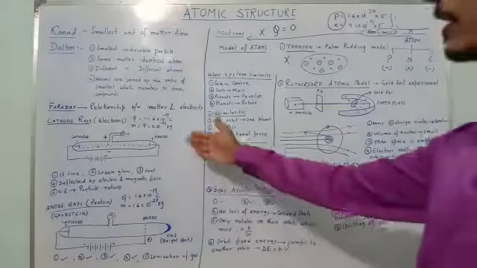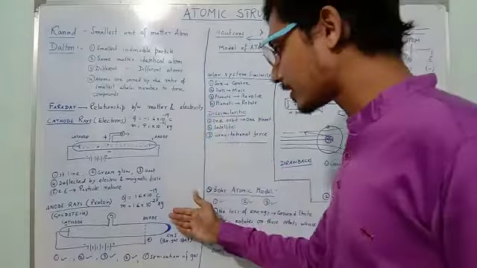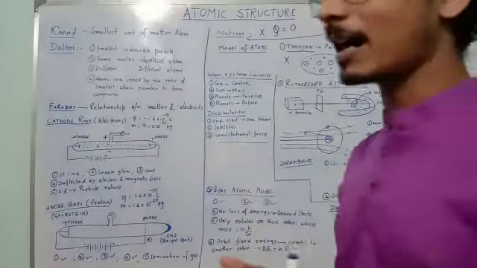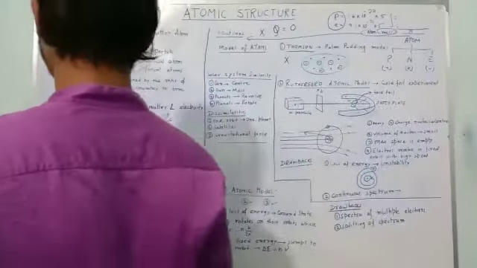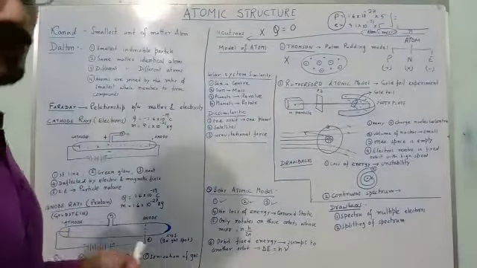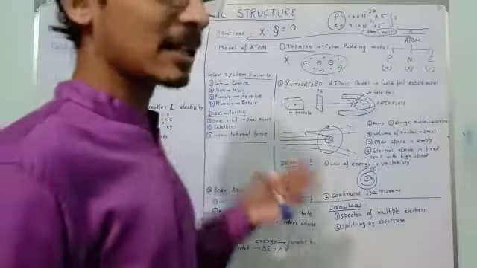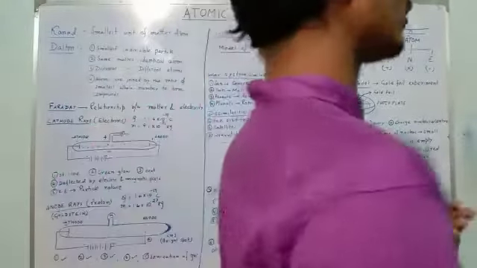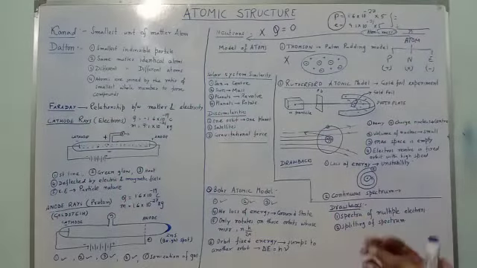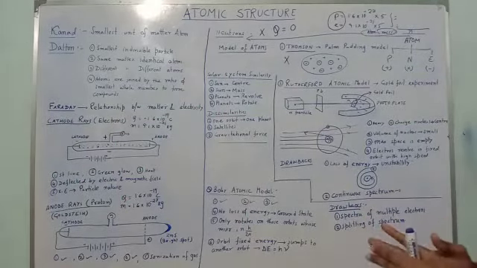Now, after the discovery of electrons and protons, it was noted that the total mass of an atom is much more than the total mass of electrons and protons. So there must be another subatomic particle inside the atom so that the mass is balanced.